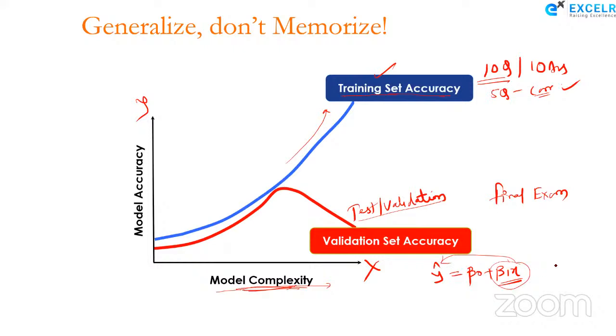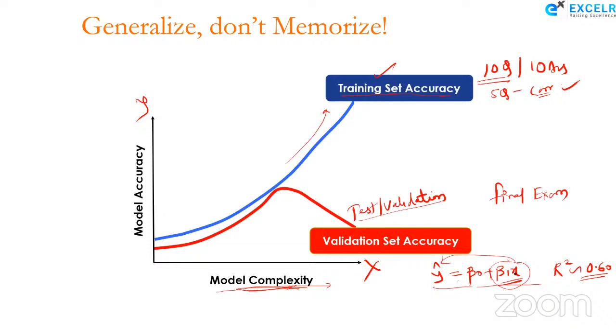But let us say here R square is almost close to 0.60. Is it a good model, guys? If this particular simple linear regression is fetching me 60% accuracy, is that a good model? Just average, above average, right? Not a very good model, right?